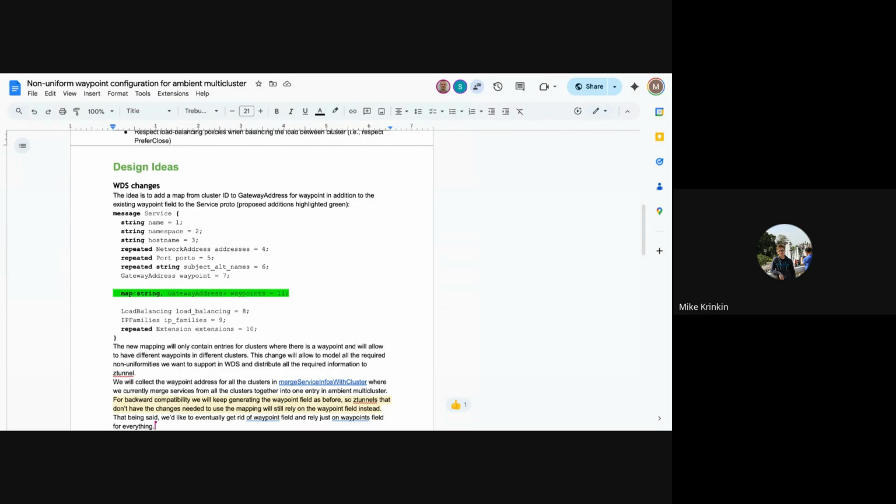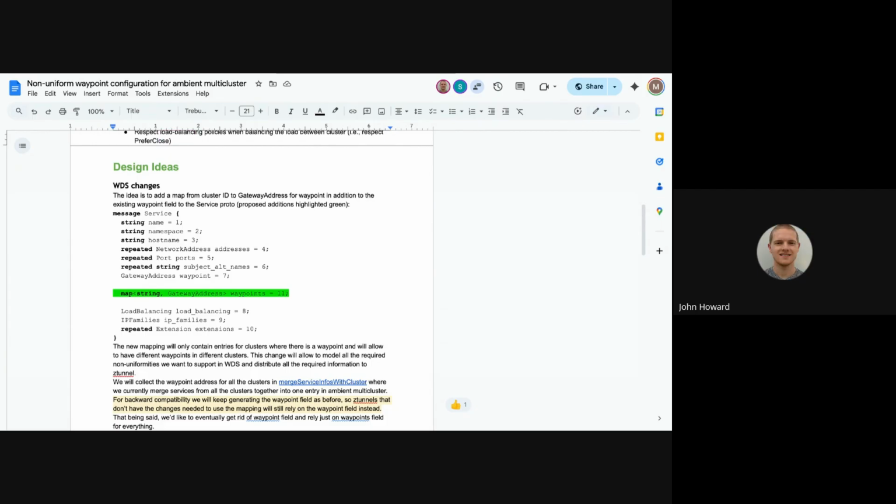The behavior without this change currently, I'm not entirely sure how it will behave, because I'm not sure it's checking for non-uniformity. It does merge service information from multiple clusters, and we have some merge result. But when we merge services that are not configured the same way, I'm not entirely sure what this merge result is going to look like, in the sense of whether it is going to have a waypoint or not.